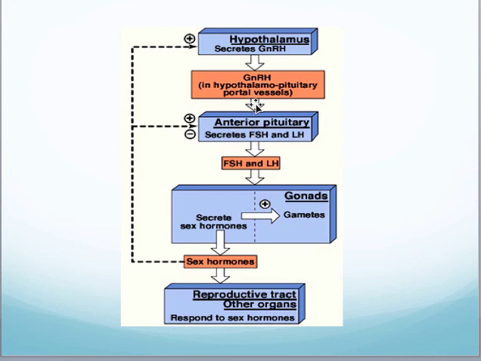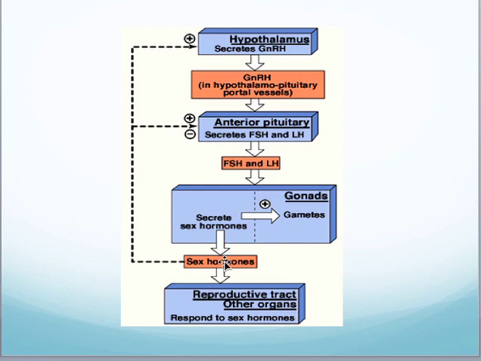And eventually that will stimulate the release of both FSH and LH, follicle stimulating hormone and luteinizing hormone. These hormones, once in the general circulation, will reach the gonads, and they will have two different effects. They will stimulate the development of gametes, so sperm cells and ovum, depending on the sex, and also they will stimulate the release of sex hormones.